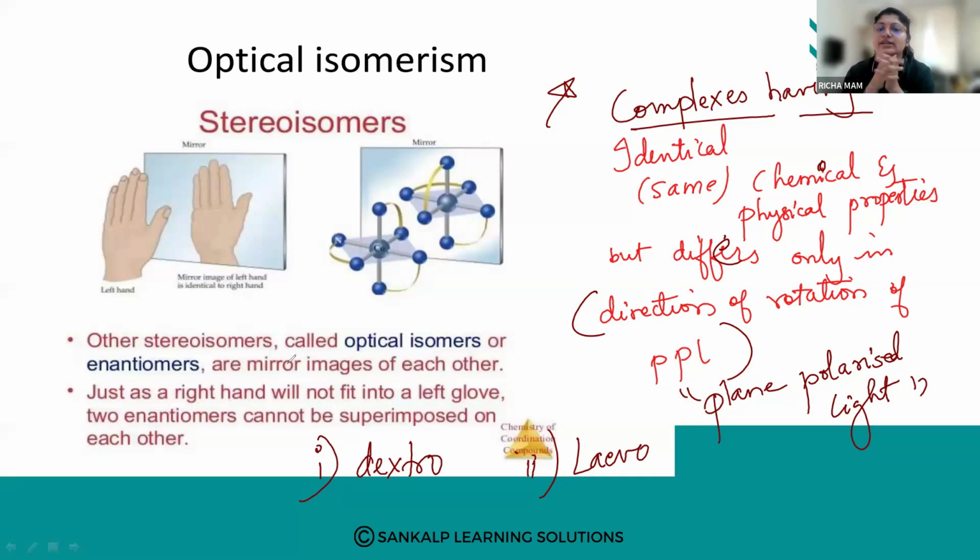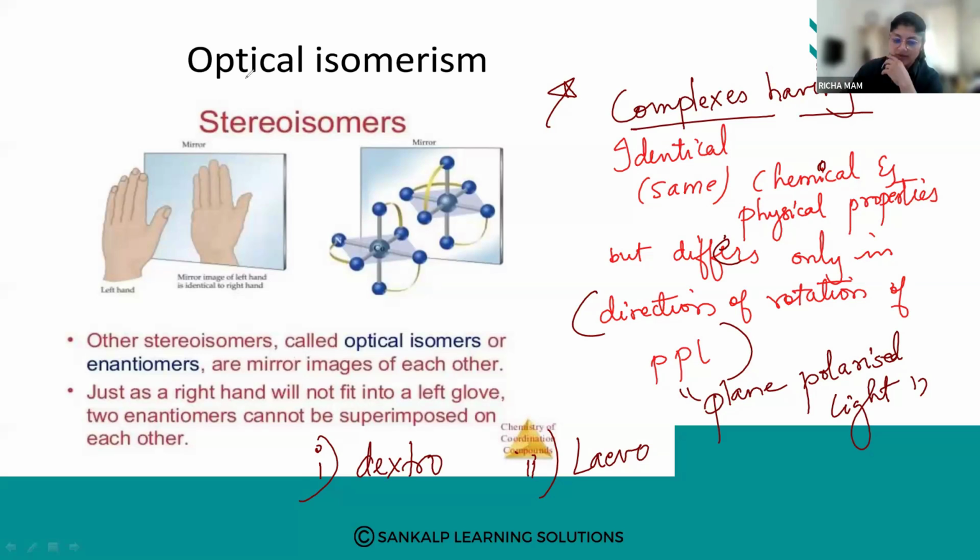No. So these are optical isomers, also called stereoisomers or enantiomers. They are non-superimposable mirror images. The mirror image of your palm does not coincide on your thumb. Stereoisomers that are non-superimposable mirror images are called enantiomers.